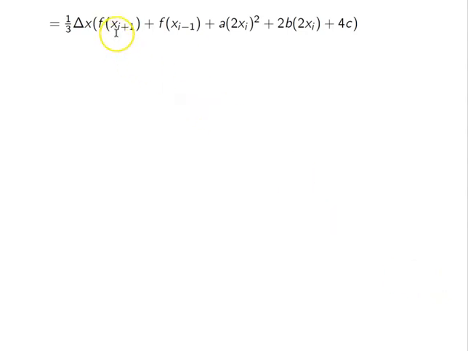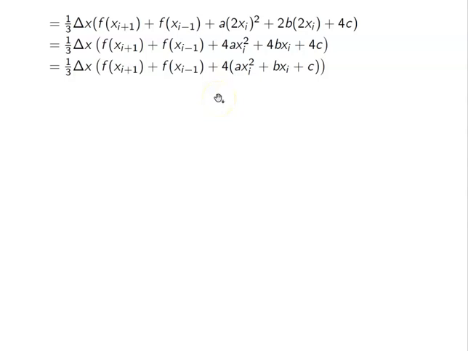So at x_{i+1} and x_{i-1}, now I have an a(2x_i) squared, a b(2x_i), and a 4c. If I multiply this out, I have now a 4x_i squared, a 4bx_i, and a 4c, which means I can pull out a 4. And now I have my function evaluated at x_i.